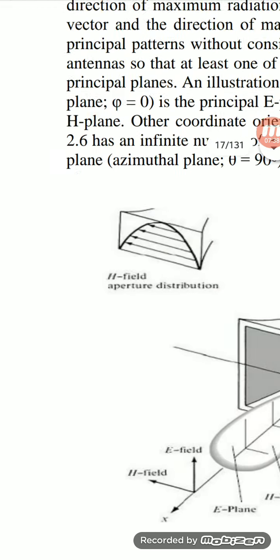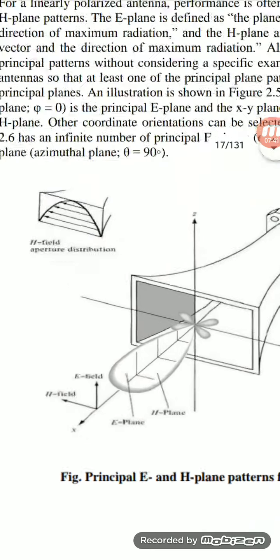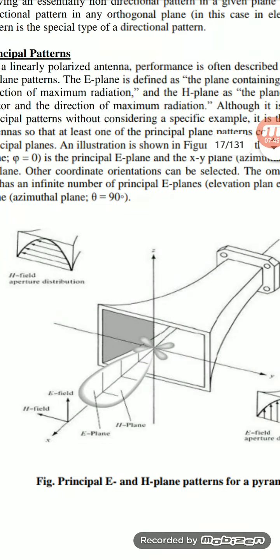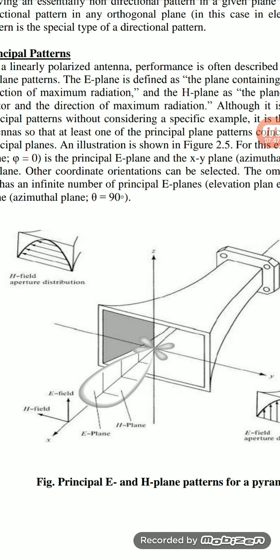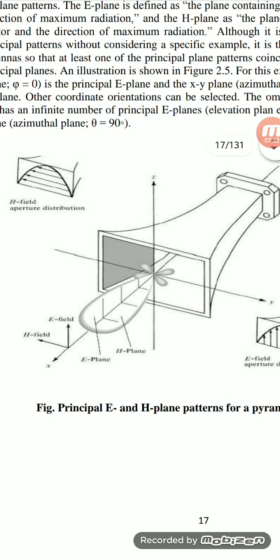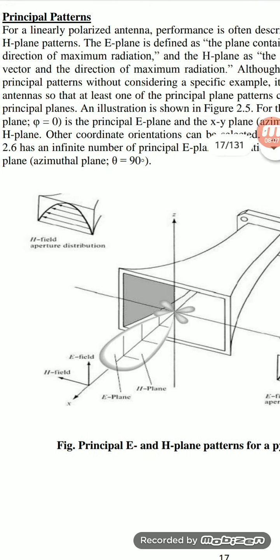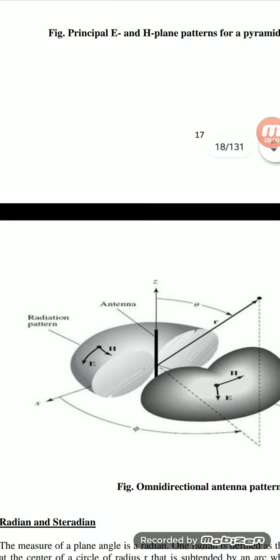Next, this is the H field distribution. This is the x, y, z axis of the antennas: E plane, H plane, E field, H field. These are the principles of antennas we have to work with. Then communication: this is the transmitting section and this is the receiving section. The receiving sections we have to distribute with some width to increase the antenna gain.